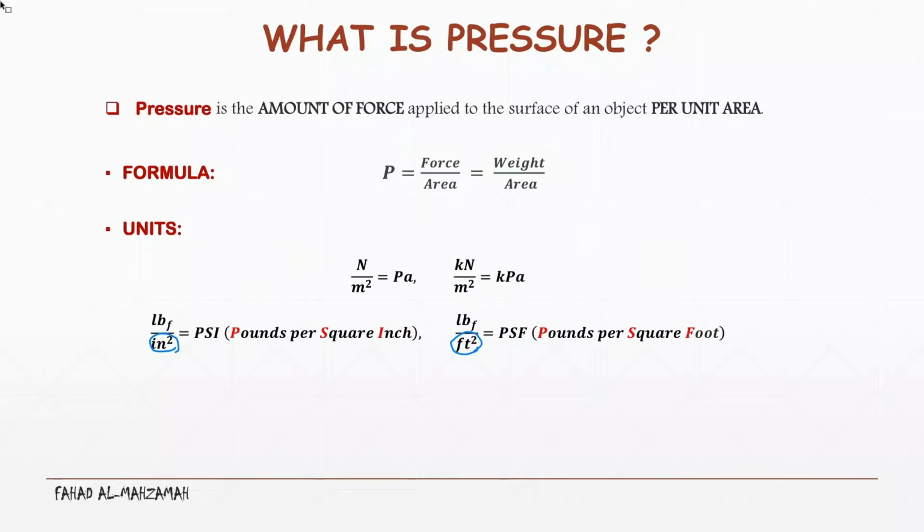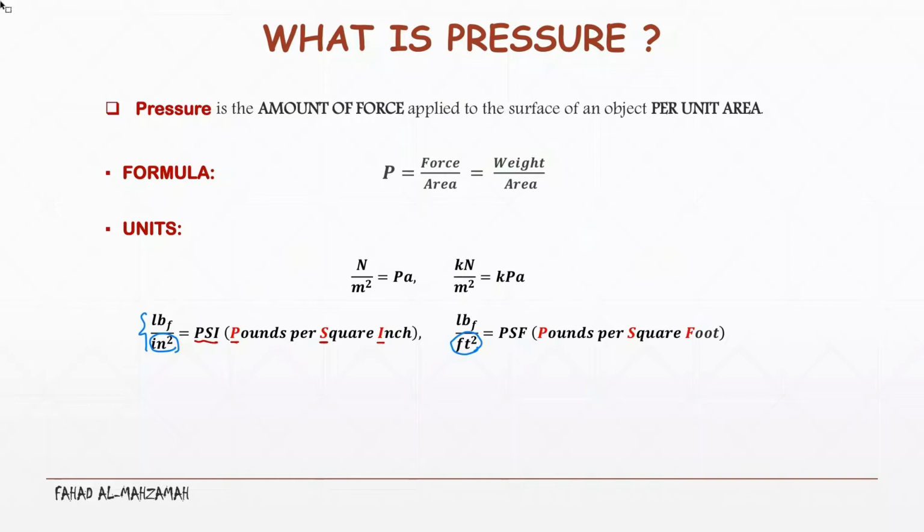Not all the time are you going to use this expression as pound force divided by square inch. If we take the name of the unit, you're going to say pound per square inch. If you take the initials of each word of the unit, you will get PSI.